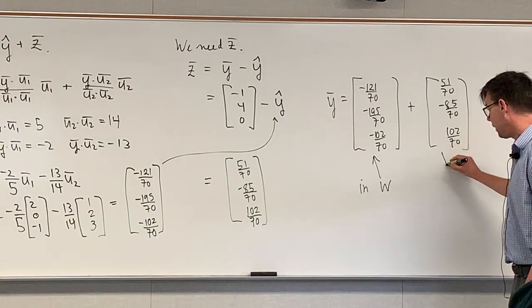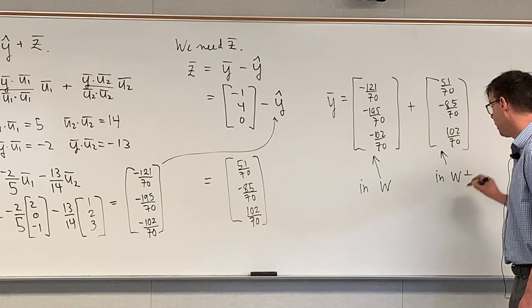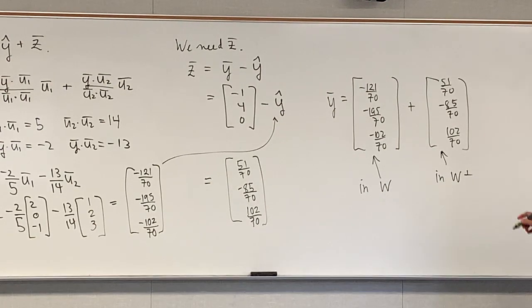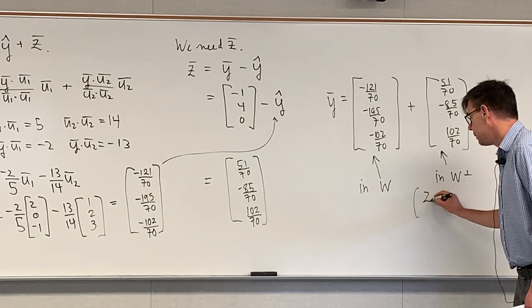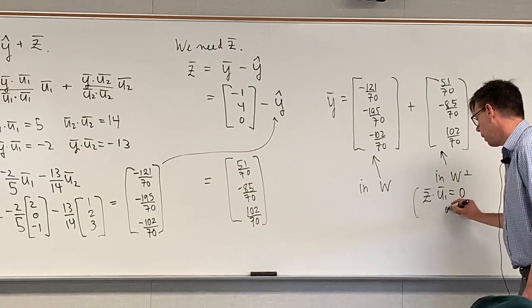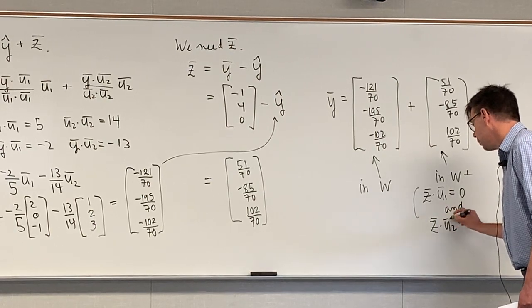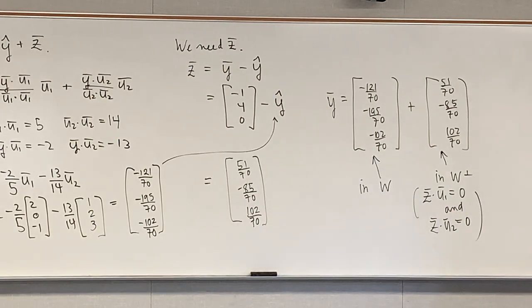And then this vector should be in W perp. So z dot U1 should be 0, and z dot U2 should also be 0. Let me just think about z dotted with U1.